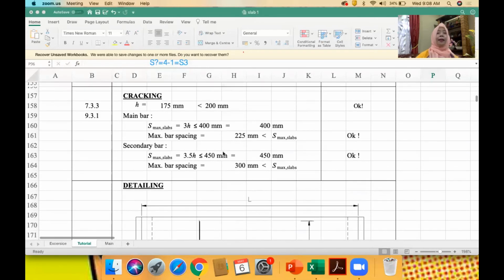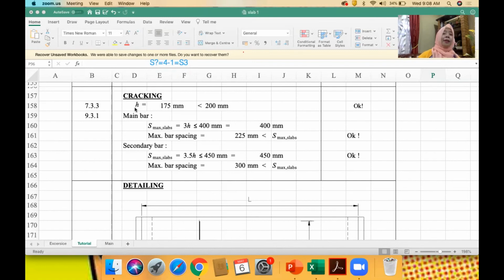Okay, cracking. This is different from the slab. When we talk about cracking, the cracking will be avoided if we put the As min, the secondary. We already put the secondary just now.